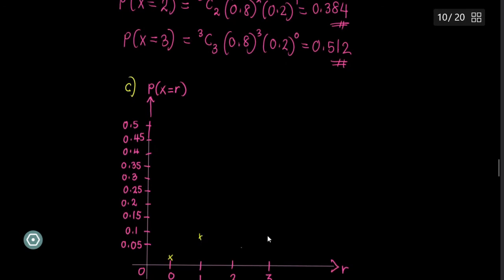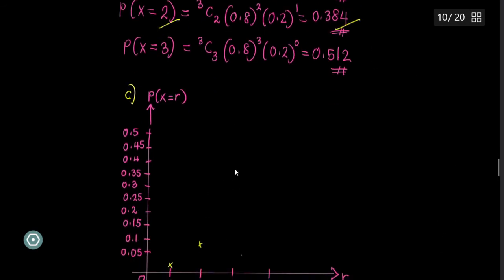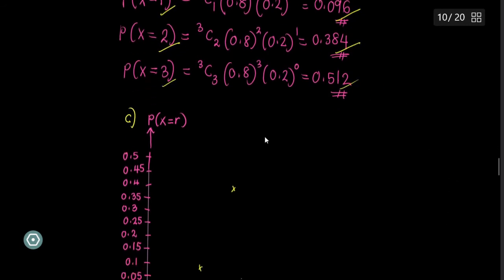Then probability when x is 2 is 0.384, somewhere almost towards 4, but not yet. And the last one, when x is 3, 0.512, so slightly higher than 0.5.